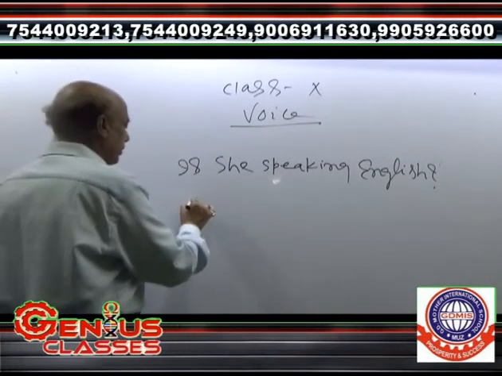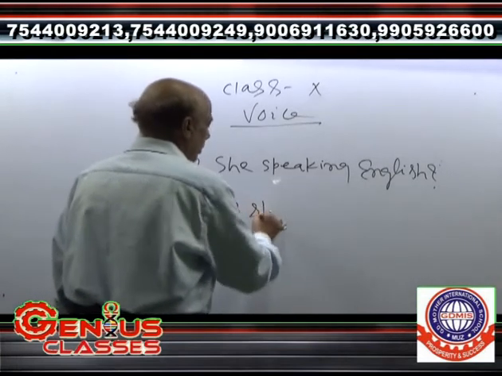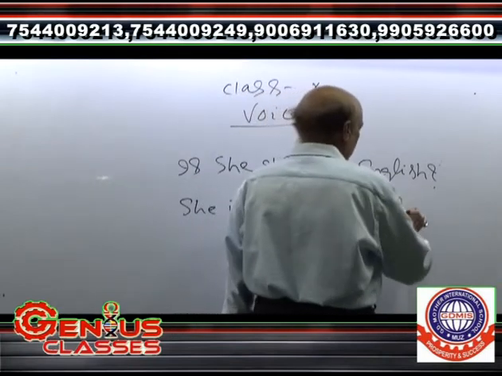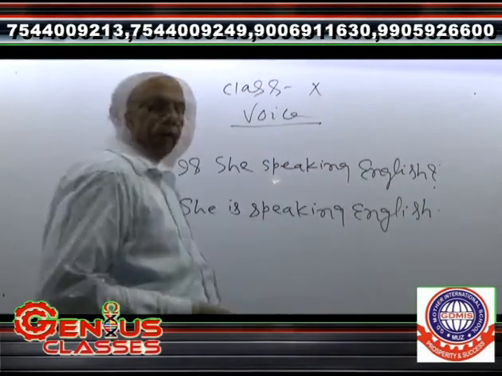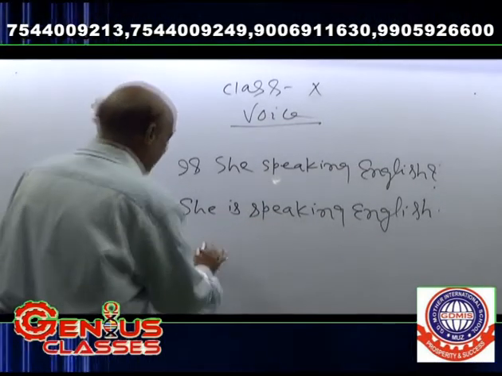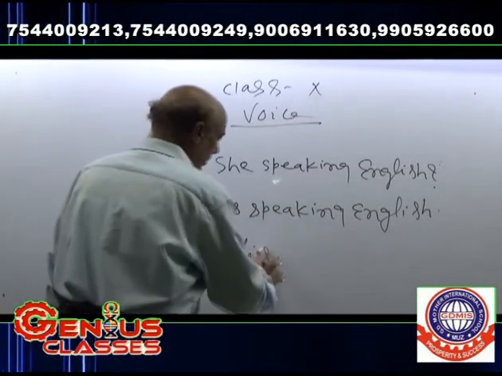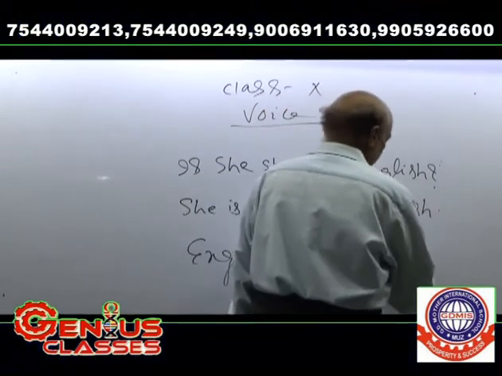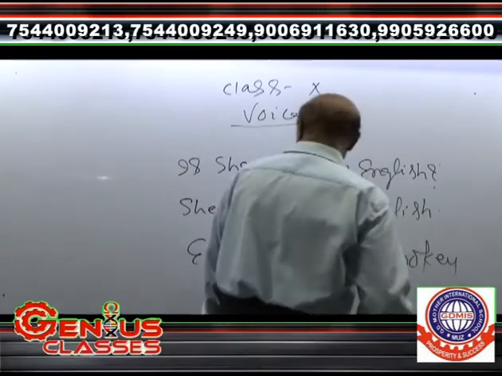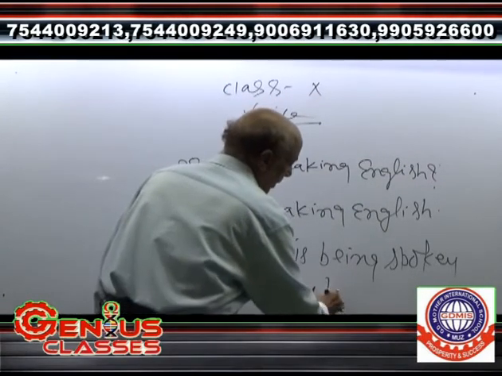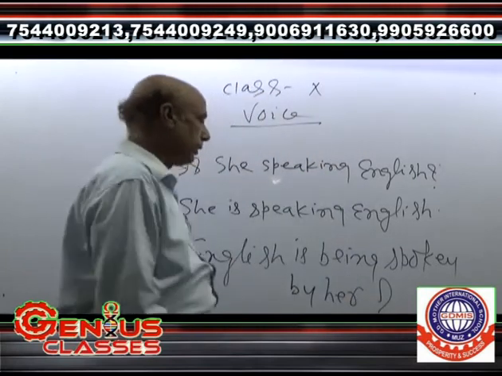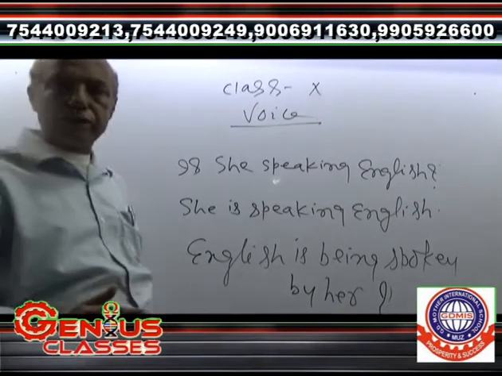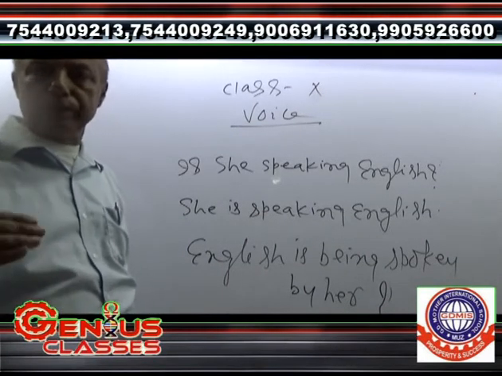She is speaking English. It is changed into passive: English is being spoken by her. Again it is made interrogative: is English being spoken by her? This is the process of changing from active into passive of interrogative sentences.